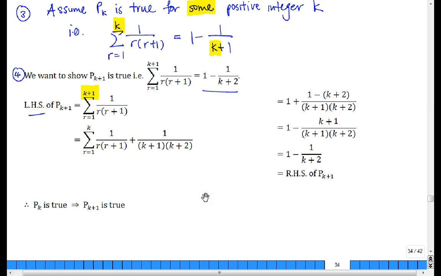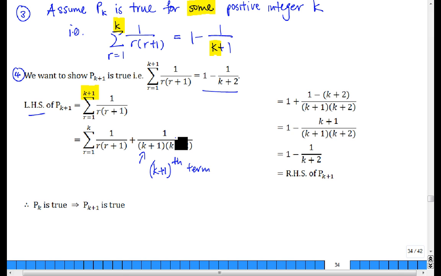Now, I cannot possibly exhaust all the cases, but if it's a summation problem, then very often we can use this trick. You sum from r equals to 1 to k plus 1. We will break it up and say, okay, I sum from r equals to 1 to k plus the k plus 1 term. This is r equals to 1 to k, this is the k plus 1 term.